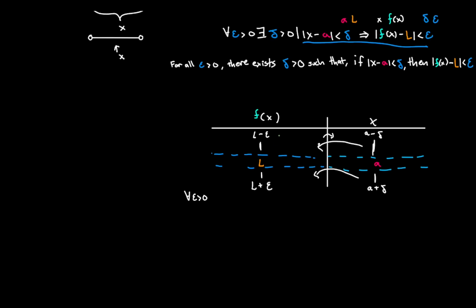So that's good. So then the goal is you can pick smaller and smaller epsilon. So you can pick epsilon equal to 0.1. You can pick epsilon equal to 0.01. Epsilon equal to 0.001, right? You can pick smaller and smaller epsilons. You can see how that starts to squeeze f of x closer and closer to the actual value of L, and the corresponding delta will get closer and closer to A, right?